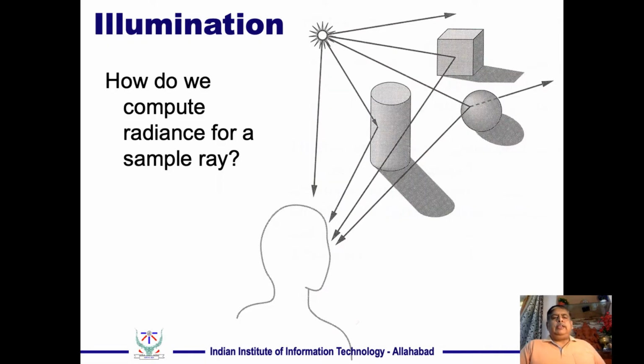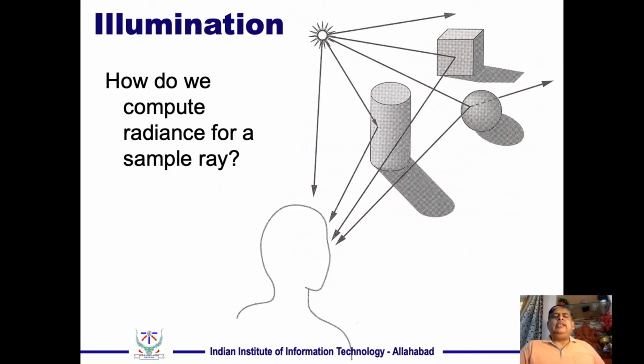So, illumination. How do we compute radiance for a simple ray? All objects in my graphics are illuminated by some light source. In this case, it is the sunlight which falls on different objects, and these objects scatter the light, and the light that enters my eye is through which I see these objects in the world.